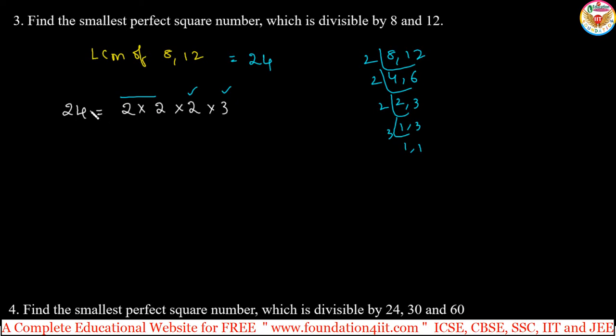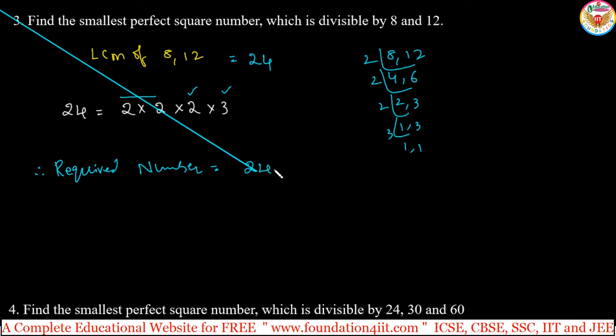Okay, 24 is divisible by 8 and 12 perfectly, but they asked for a perfect square, right? So 24 you got. Now what number should be multiplied to make this 24 a perfect square? We should continue like I explained previously. So the required number, for this 24, we need to multiply 2 into 3.